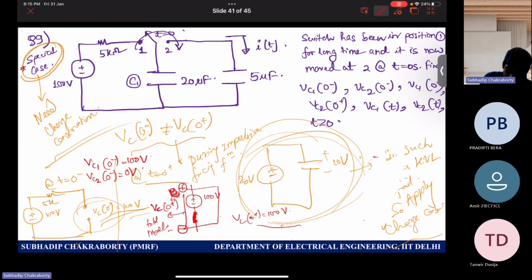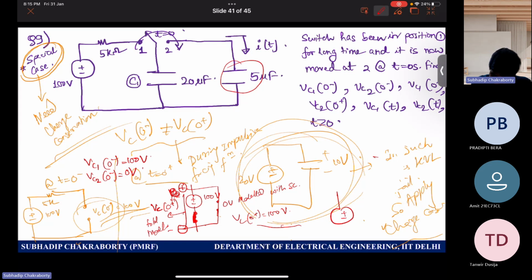But you see, this capacitor was not charged. Now at 0 plus, it should be modeled with a short circuit, right? Because 0 voltage is modeled with a short circuit. So this is violating KVL. Why?